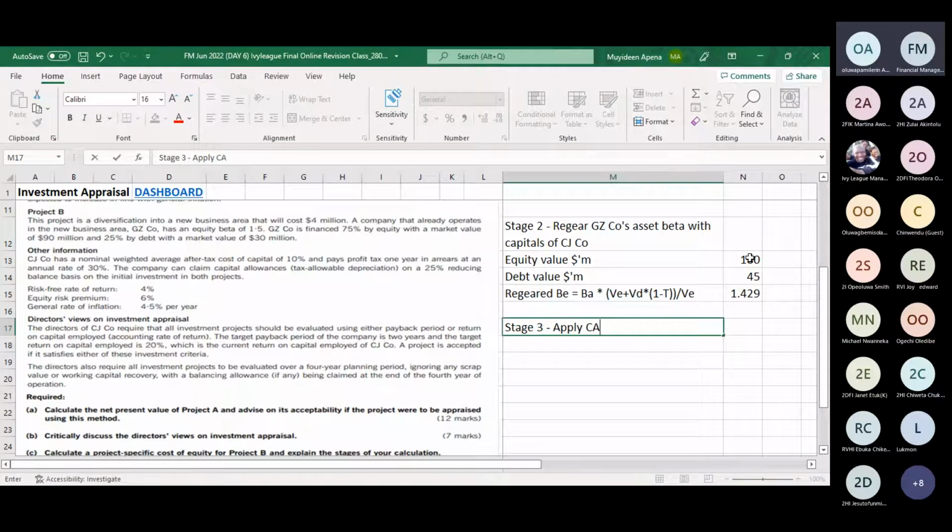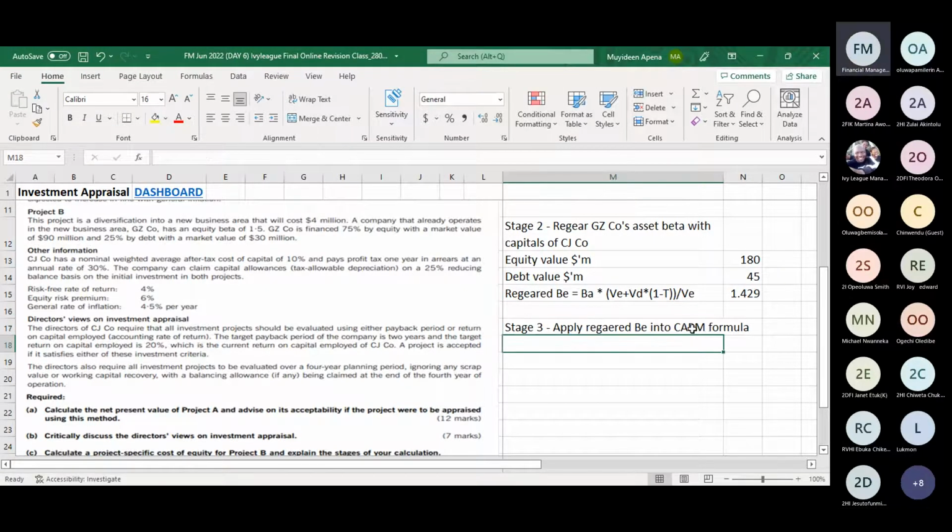Apply CAPM, isn't it? Yes, to get the project-specific cost of equity, we apply the regeared beta into the CAPM formula. That's the third stage. Remember that where we are gearing here, we can also state what we are doing to explain it.